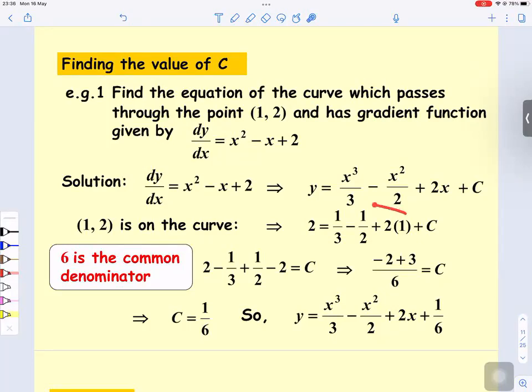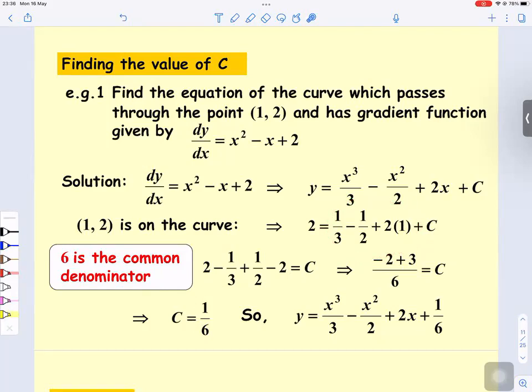Put all of this together in your calculator. Use your calculator to do all the simplification. And then you will get the value of c to be 1 over 6. You can use 6 as a common denominator if you want to put all of this together. But using your calculator, you can work all of this out and take that away from 2.